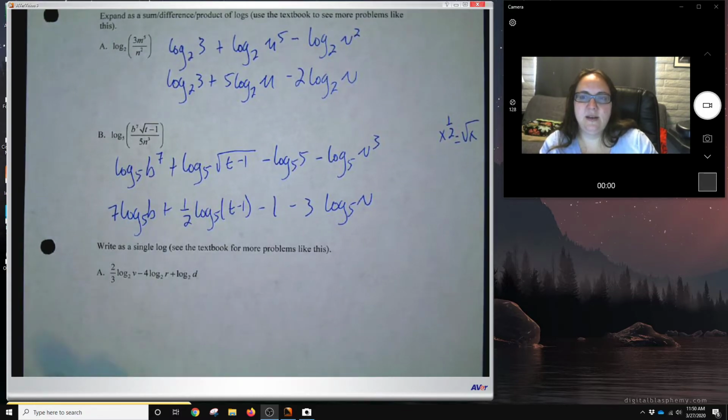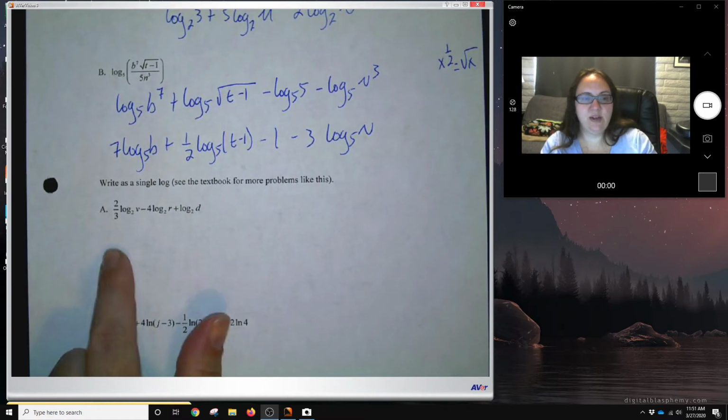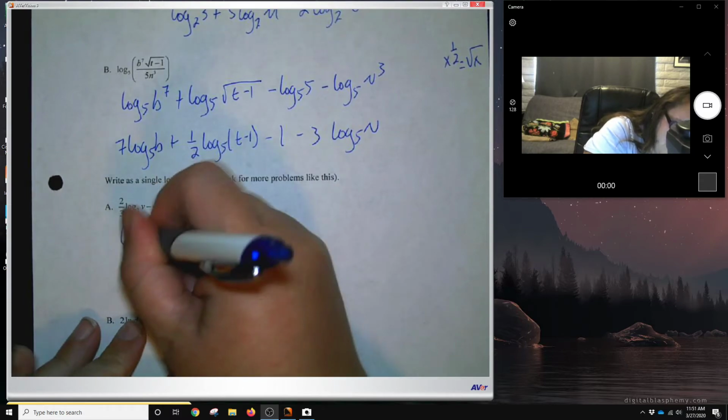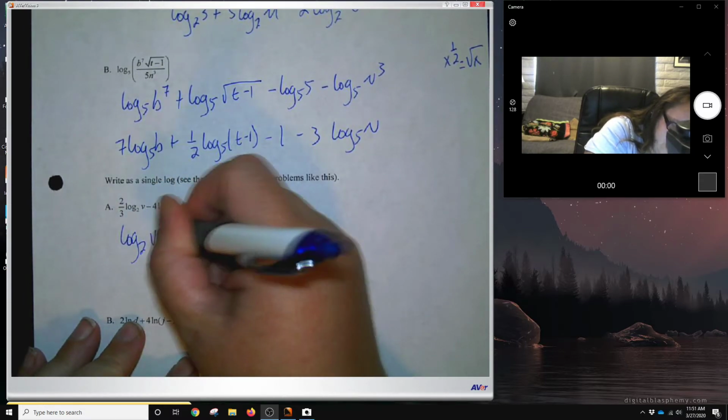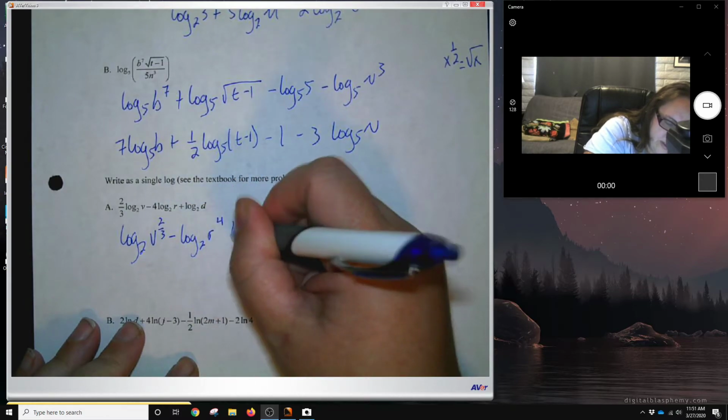And then for the combine, we're going to do that same thing, only in the opposite order. So here, the first thing that I'm going to do is take my coefficients and turn them into exponents. Log base 2 of v to the 2/3, log base 2 of r to the 4th.